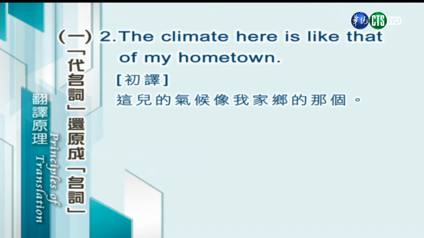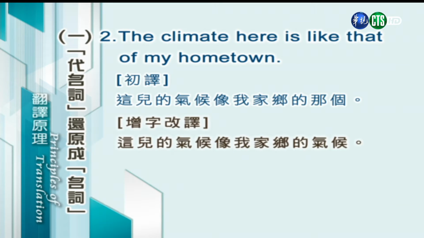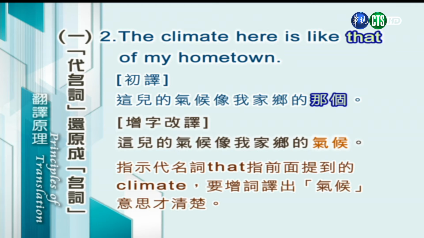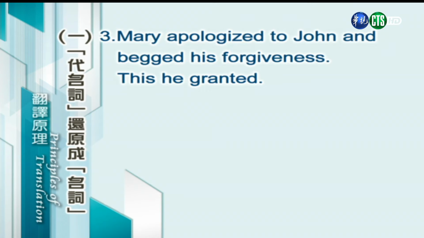The climate here is like that of my hometown. 我们照字面翻一下，这儿的气候像我家乡的那个，其实看不懂，要增加字词改译。这儿的气候像我家乡的气候。指示代名词 that 是指前面提到的 climate，所以我们要增词译出气候，这意思才清楚。Mary apologized to John and begged his forgiveness.